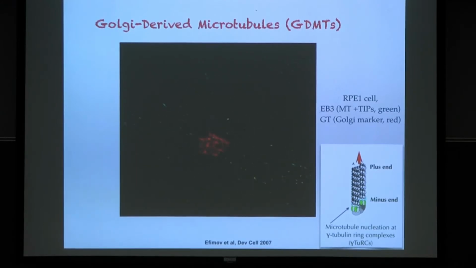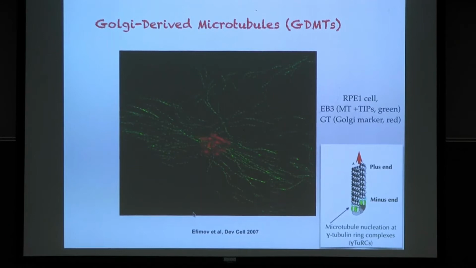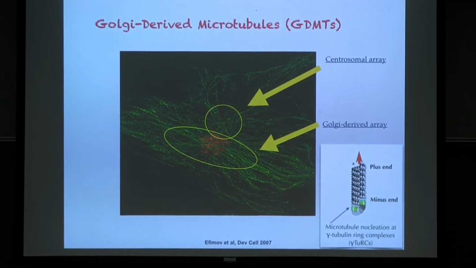We can follow microtubule plus end growth using this fluorescent marker, and we can track where the microtubules are coming from. And they come from two locations here. One is this very radial array, which is the centrosomal array, formed at the centrosome, this small microtubule organizing center that I was talking about. And another one is the Golgi, which is more scattered, but it is a distinct array.